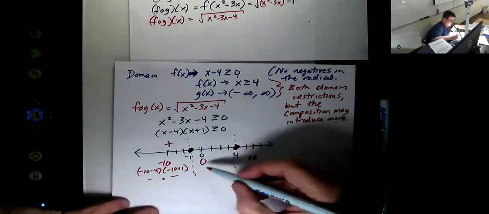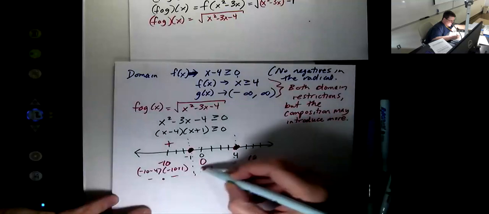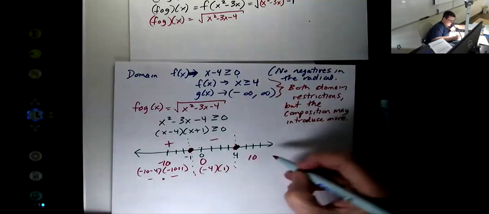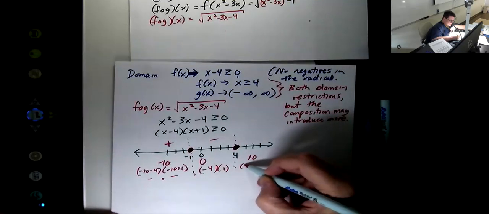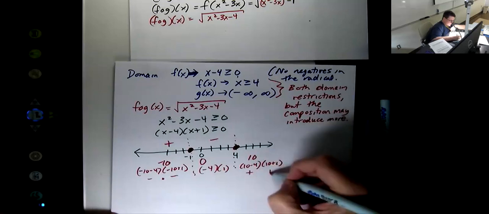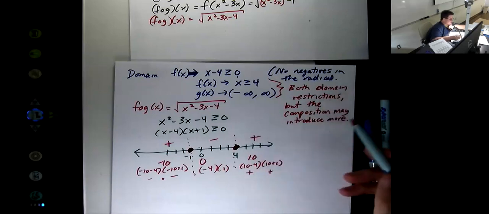If we stick in 0, we just have -4 times 1. That's definitely a negative number. And if we stick in 10, we have 10 - 4 times 10 + 1. Those are both positive, so this is a positive region.